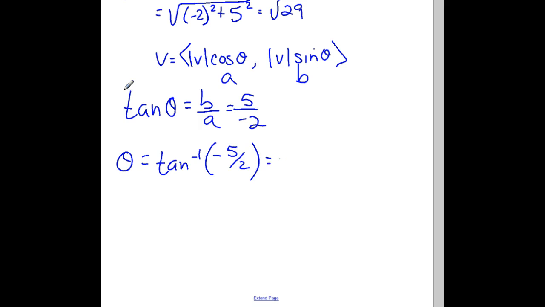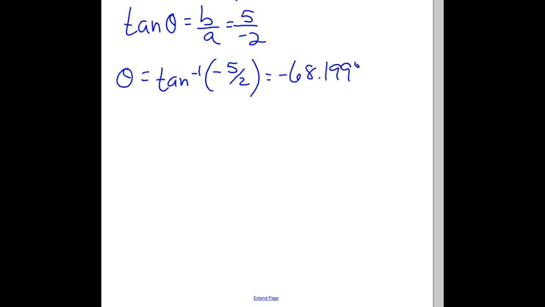Okay, it came out as -68.199. All right, now I want you to think about it. Remember when we were doing all of our unit circle stuff, a negative angle means we're going from here in a negative direction, right? So they're saying that this direction angle is really as if we went down in a negative direction, roughly 68.2 degrees, okay?